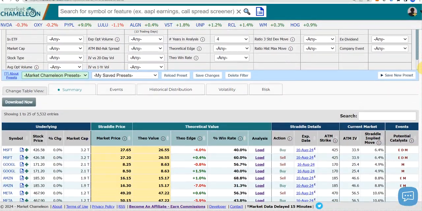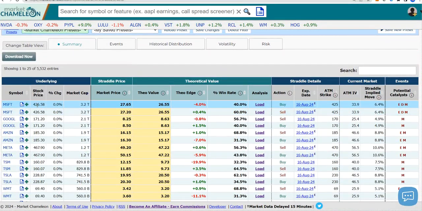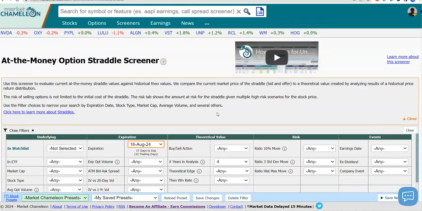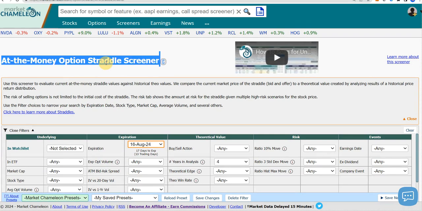Now before we start, here's Microsoft, they post today. Before we start, just FYI, a straddle is basically you buy an at the money call and simultaneously you buy an at the money put.